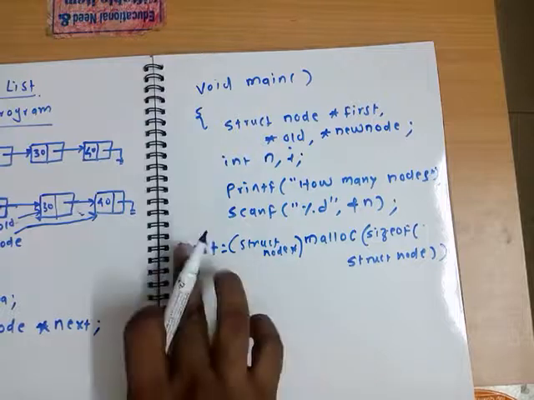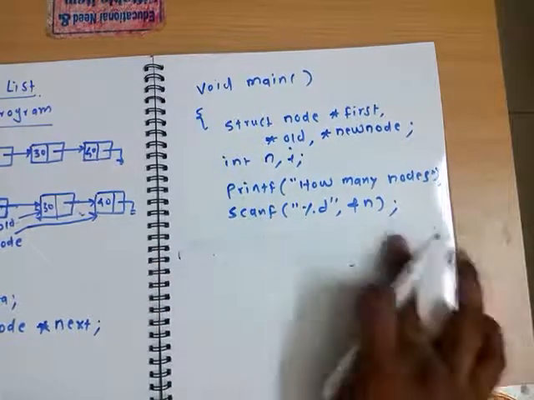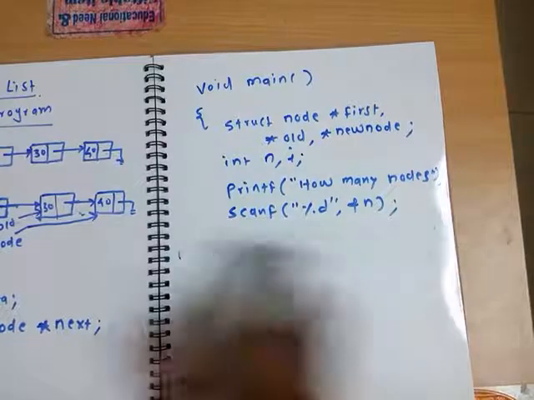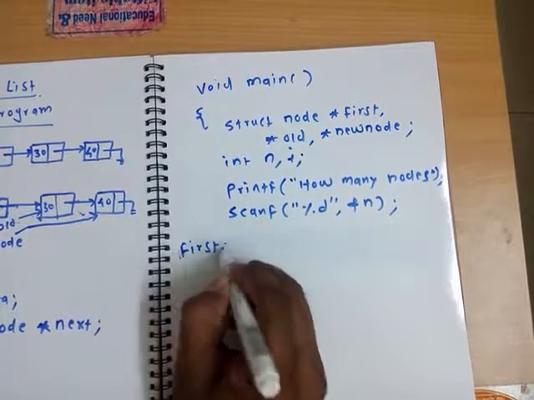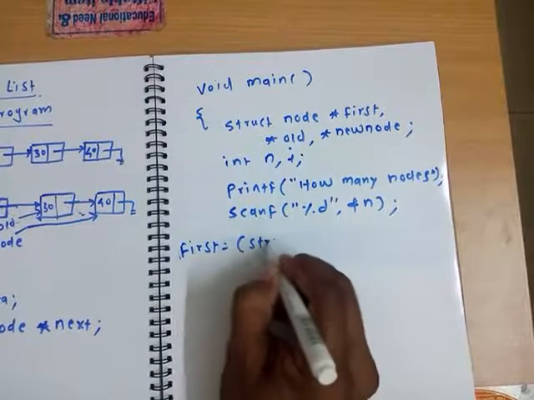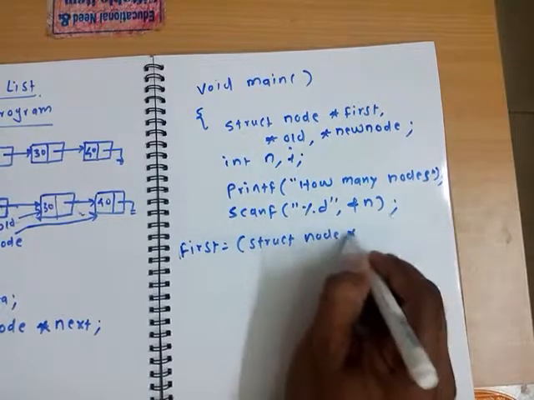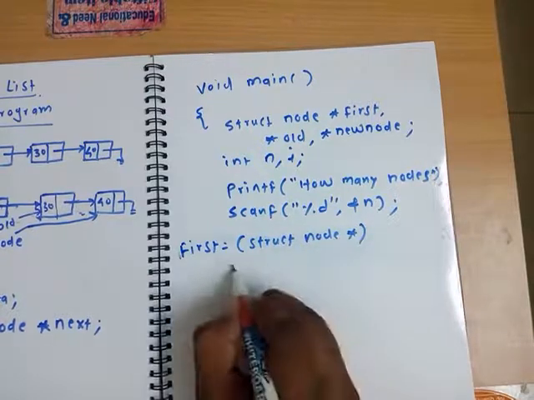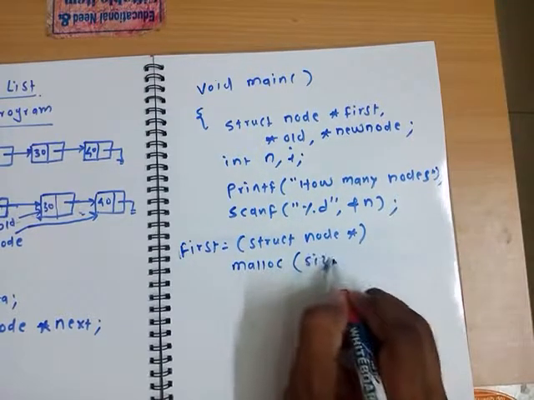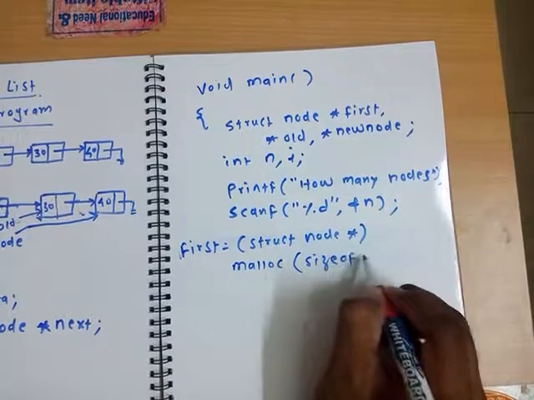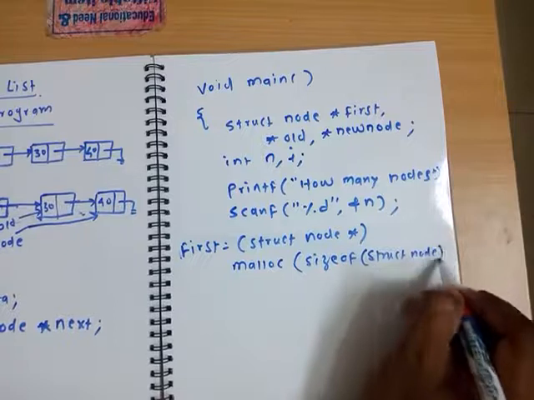Let me rewrite that statement just to be a little clearer. So it is like this: first is equal to struct node star malloc sizeof struct node.